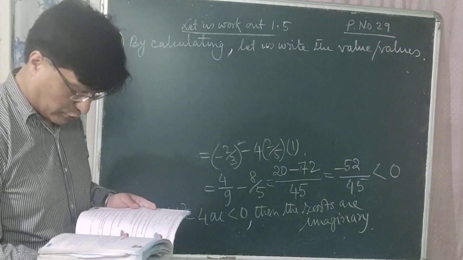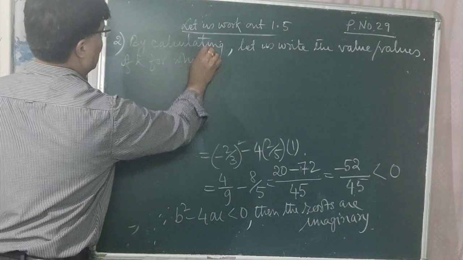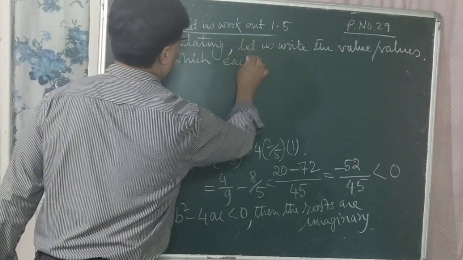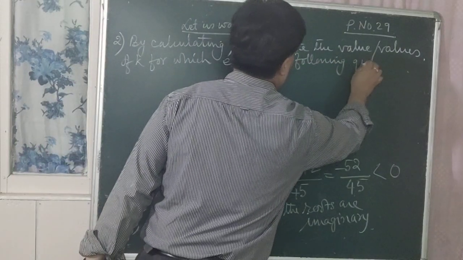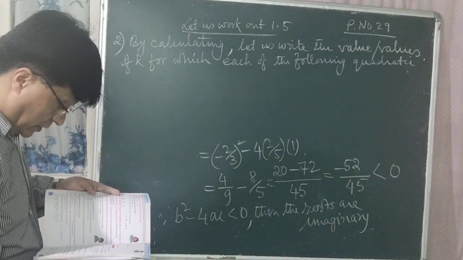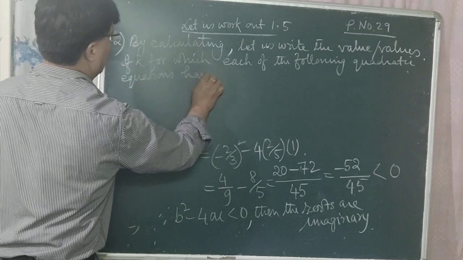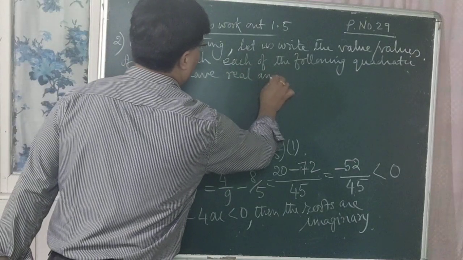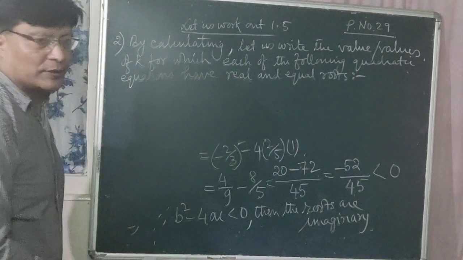That's why it is given values also of k, for which each of the following quadratic equations have real and equal roots. Okay.